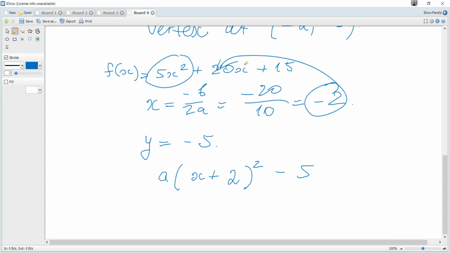It's easy. You can see that when x is 0, y is 15, substituting 0, 15 for x and y, you can find a.